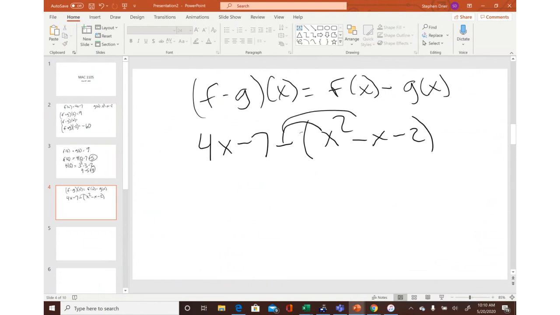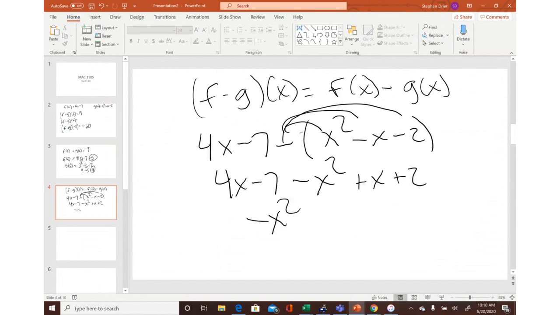Distribute, distribute, distribute. 4x minus 7 minus x squared plus x plus 2. And now simplify. Negative x squared plus 5x minus 5.